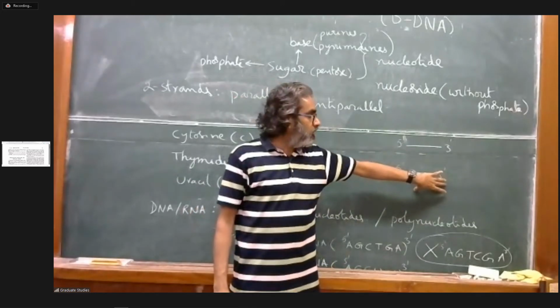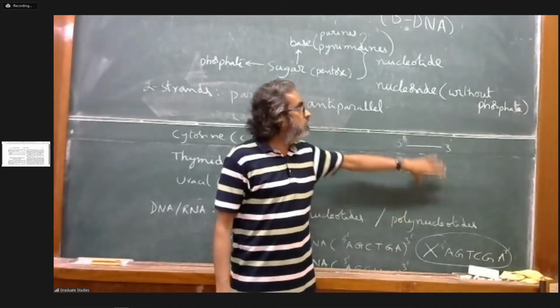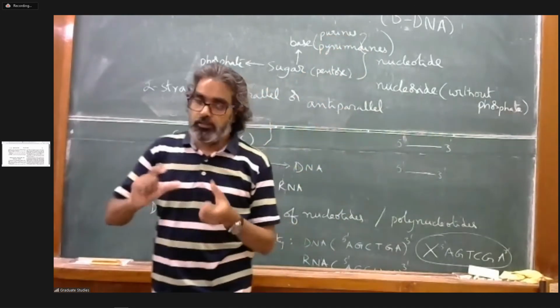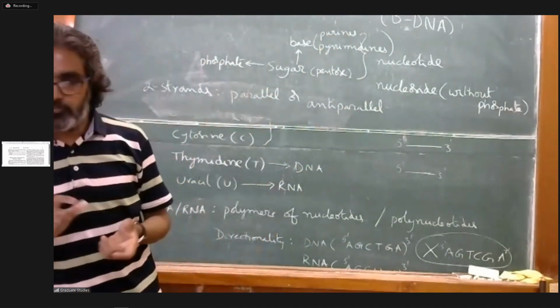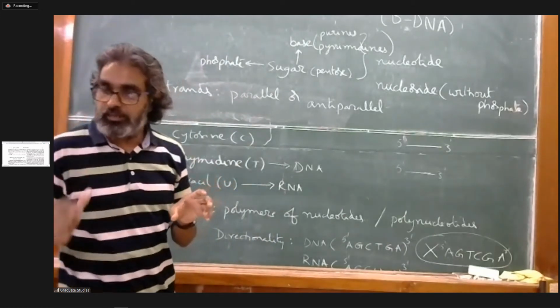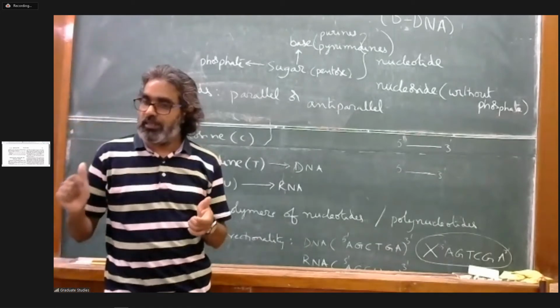When they tried the parallel arrangement, somehow they had to come back to this matching of equivalence: how many A's are exactly the same as how many T's, and how many G's are exactly the same as how many C's.